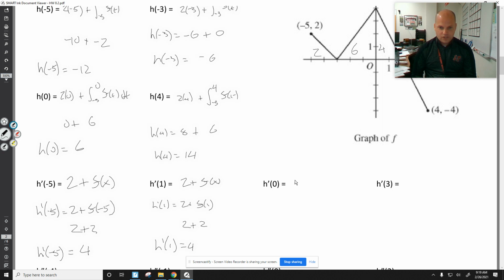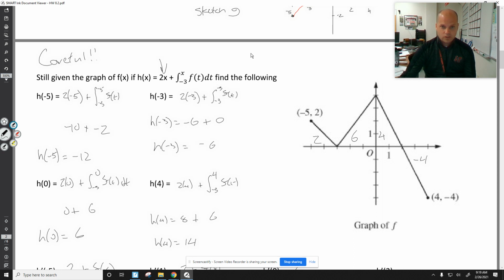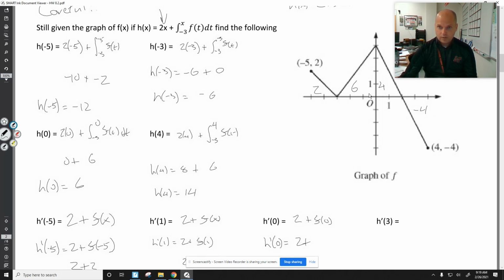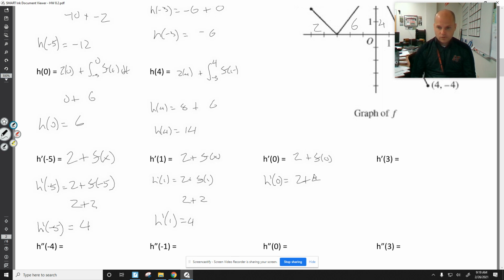H prime of 0. It's not 0 plus, it's 2 because the derivative of 2x is just 2. Let's just make sure we write that down. H prime of x is 2 plus f of x. Okay? So 2 plus f of x at 0. H prime of 0 is 2 plus f of 0, which is 4. So that's 6.